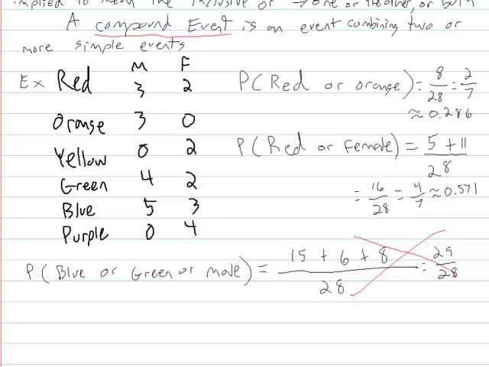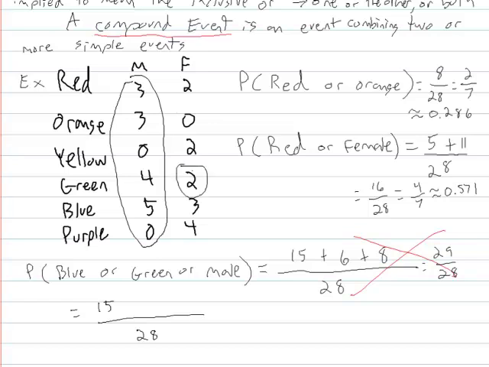So again, what we have to do in this situation is start with the 15 males. There are 15 successful outcomes that are male, whether blue, green, or red. Then, what other people in this room would be a success?